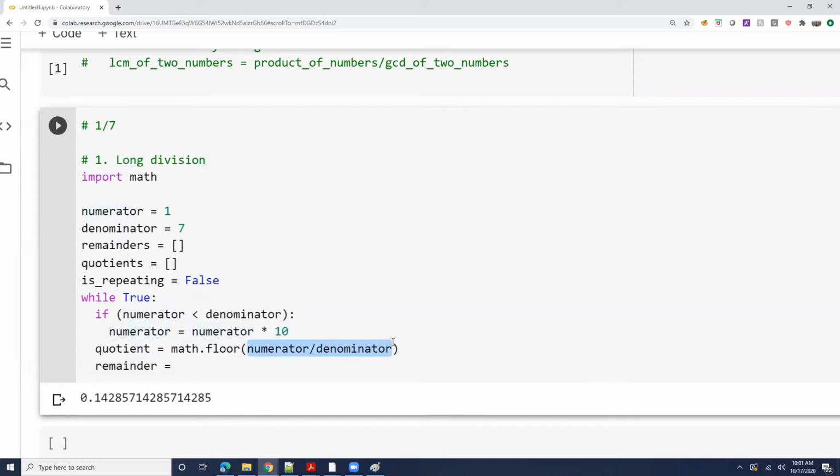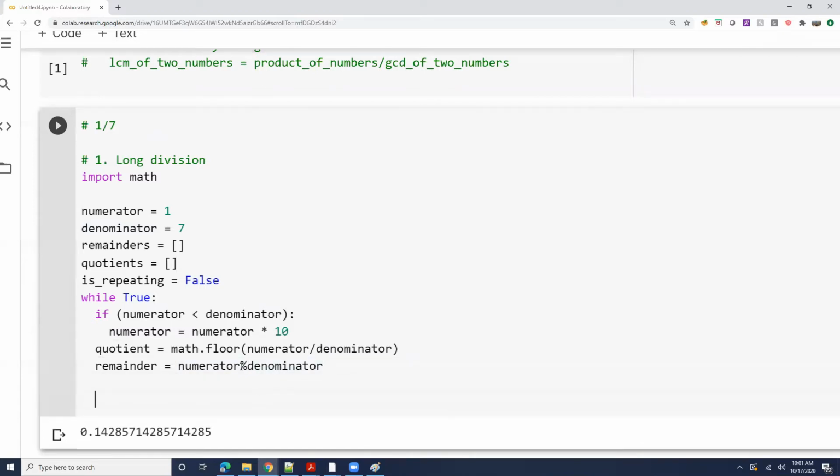So 10 divided by 7, quotient is 1. What's the remainder? Oh, okay. Yeah, percentage, right? Percentage, or modulo, will give you the remainder.